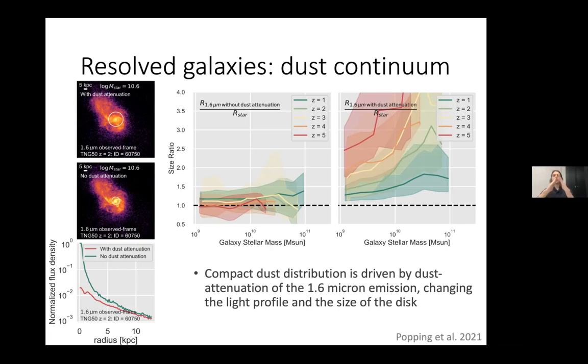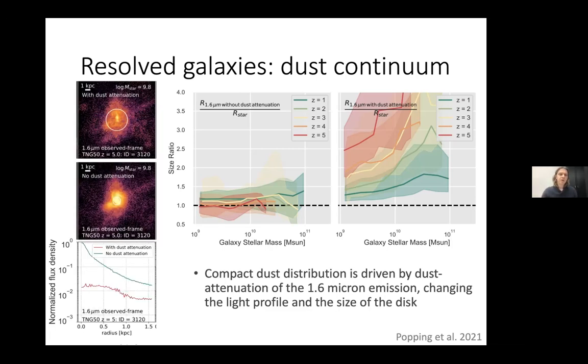Which means that if you measure a half light radius from here to there, your half light radius suddenly increases. So when you're adding dust, the 1.6 micron emission is actually extended because dust is obscuring the central components. And this is exactly where it will shine at dust continuum wavelengths, at millimeter wavelengths.